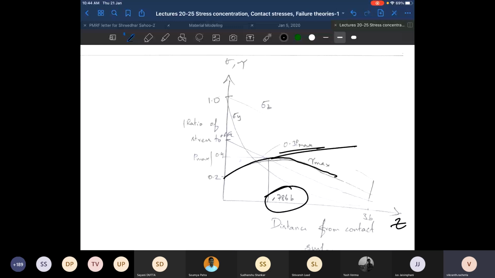Cracks will originate at about 3-4 millimeters depth inside the material, and then they will come to the surface. What will happen in such a scenario? It will take out a chunk of the material, resulting in pitting failure.